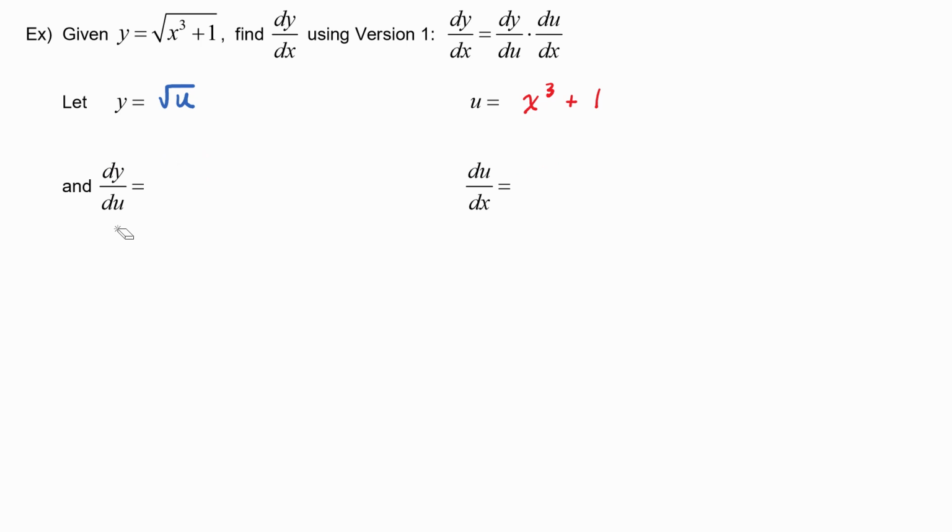Then the derivative of y with respect to u, well, let's write this as u to the 1/2 first. Then dy du, using the power rule, is going to be 1/2 u to the negative 1/2, which is equal to 1 over 2 radical u.